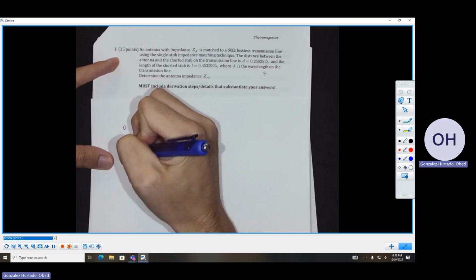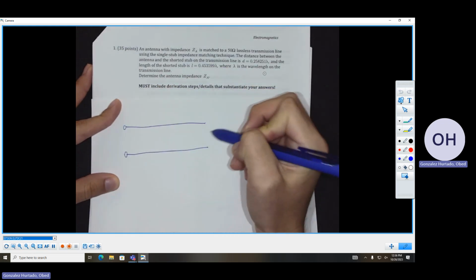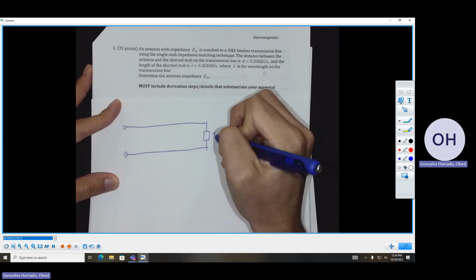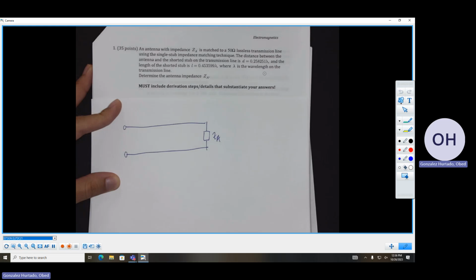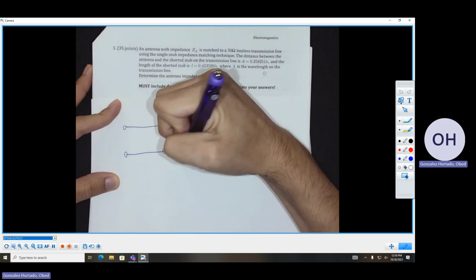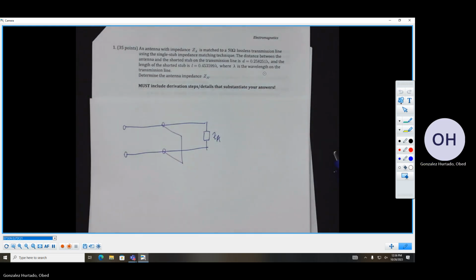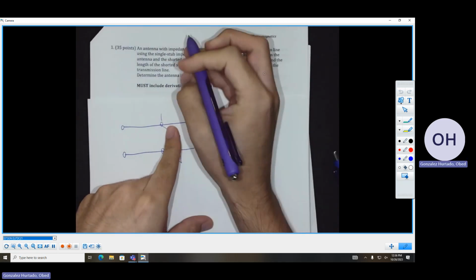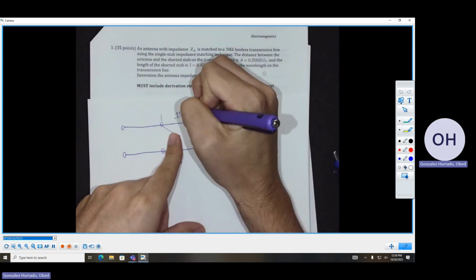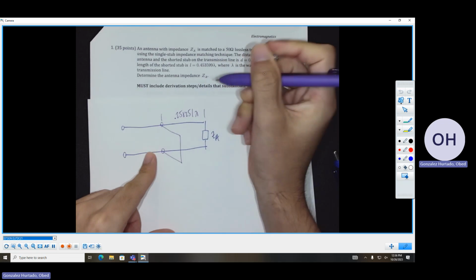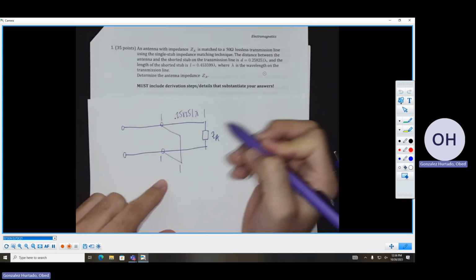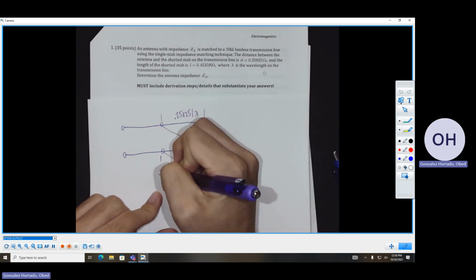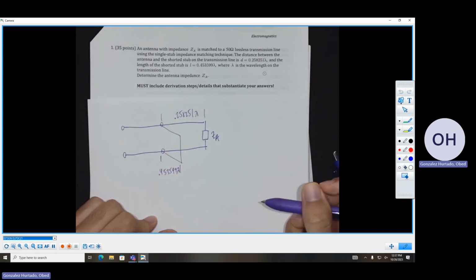Okay, so we are given that length is 0.25825 wavelengths. This length is 0.453599 wavelengths.